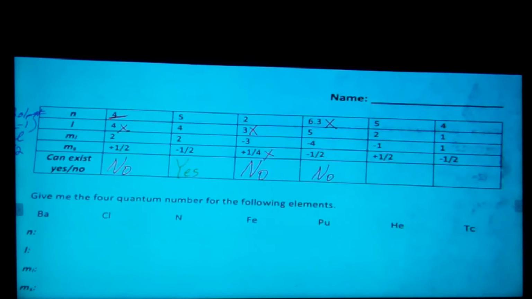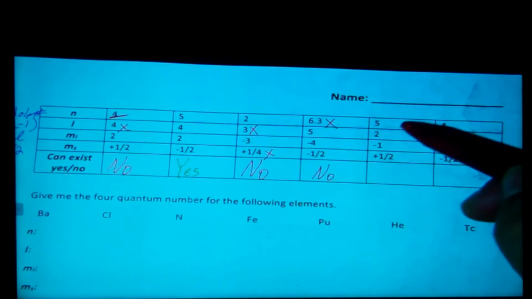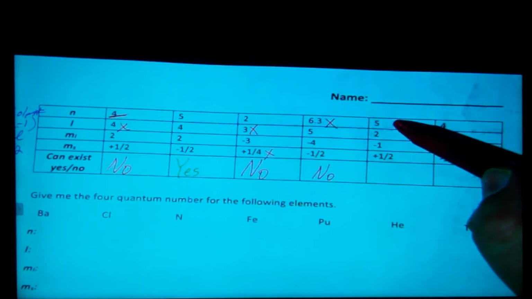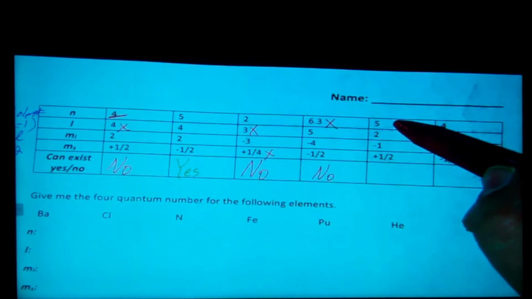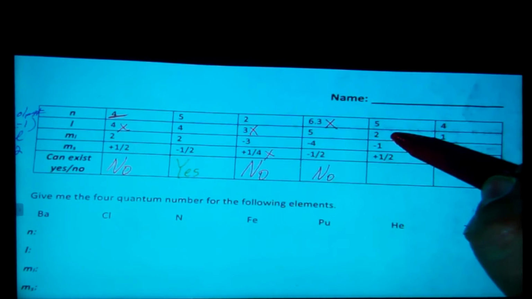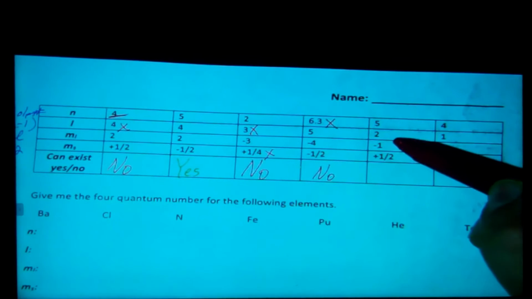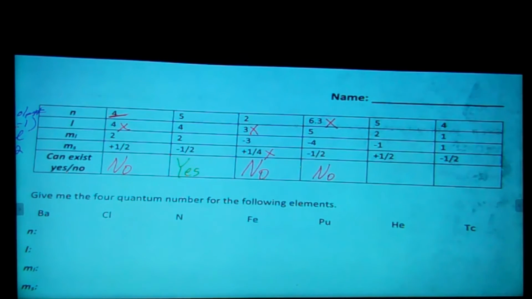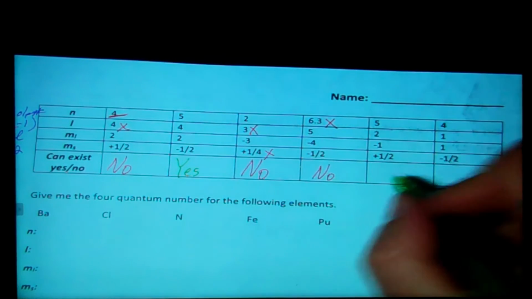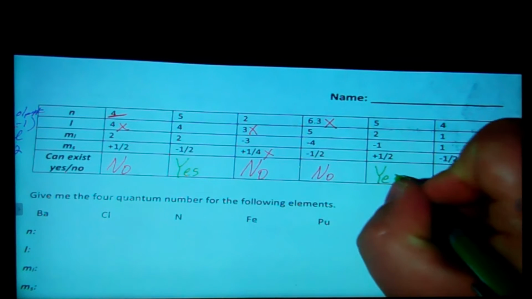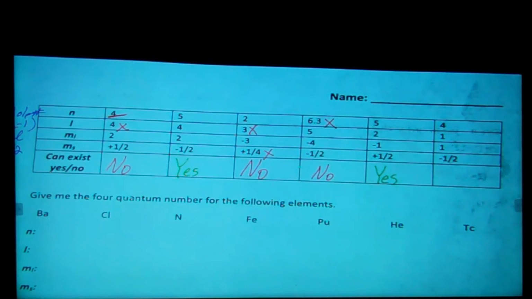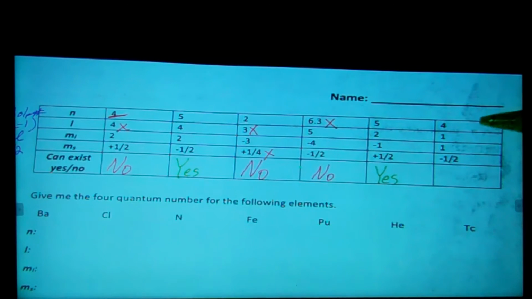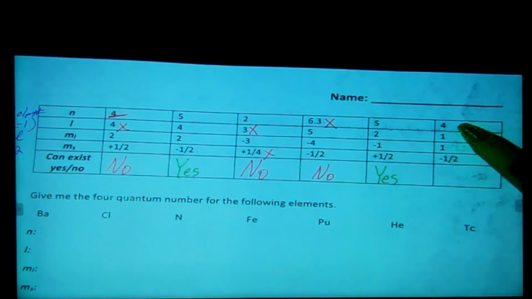Then you go to the next set of numbers. You get n is 5. Can n be 5? Yes. If n is 5, can L be 2? Yes. If L is 2, can m sub L be negative 1? Yes. Can the spin quantum number be plus 1/2? Yes. So those sets exist. Now, go to the next one. n is 4.